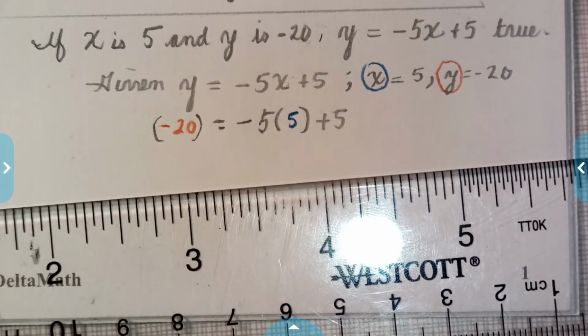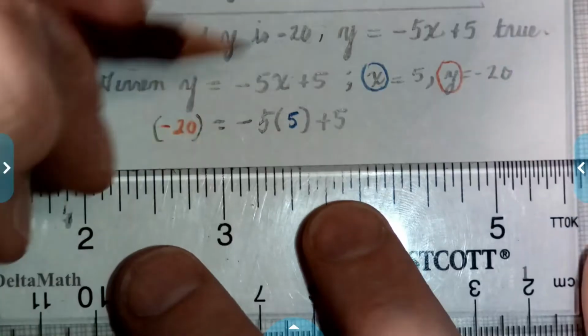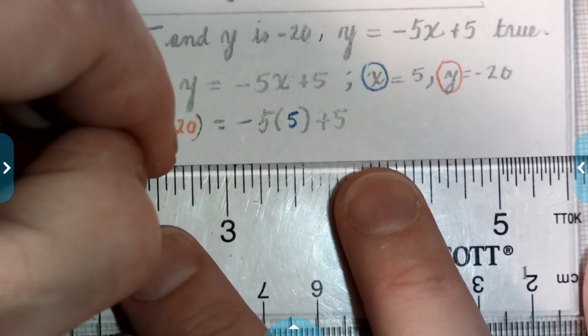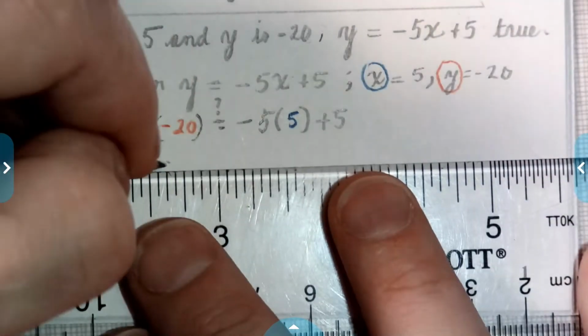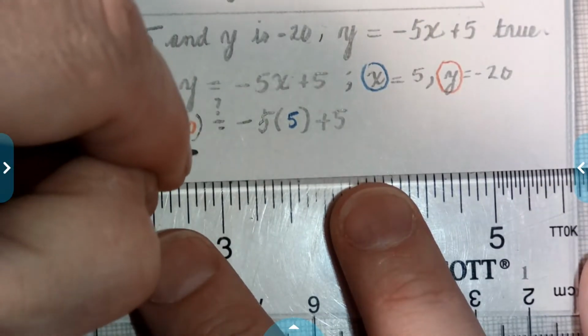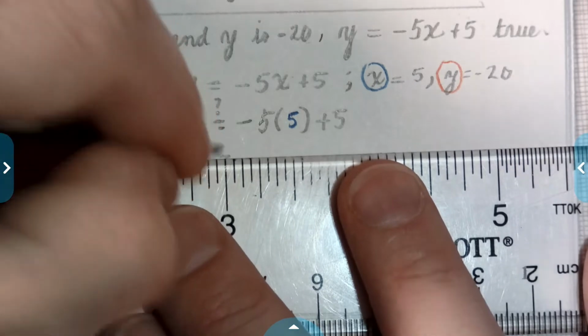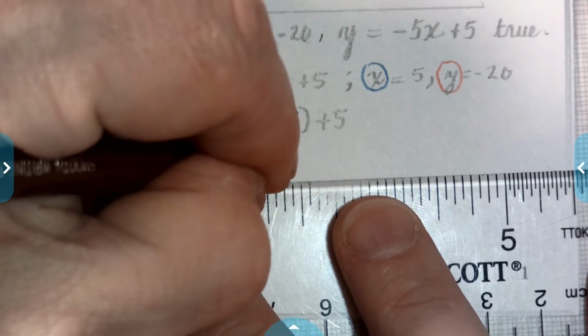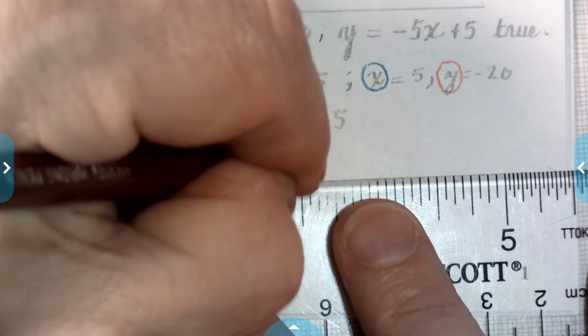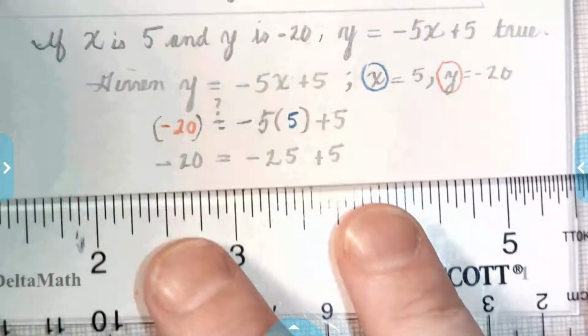Okay, so let's work it out. We have negative 20, and we want to know if this is true. It's a question, right? Now we have negative 20 equals negative 25 plus 5. Again, is that true?